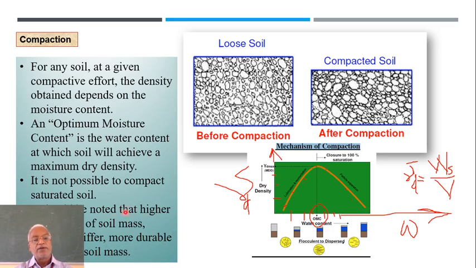So from this statement you can observe why the compaction is done. The compaction is done so that the soil becomes strong, stiff, and more durable. That is the intention behind compacting the soil.